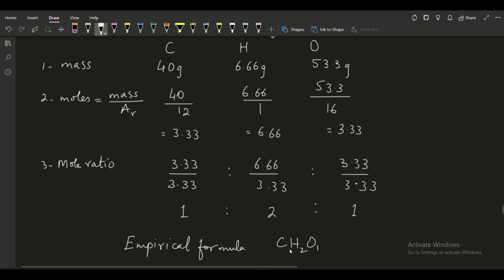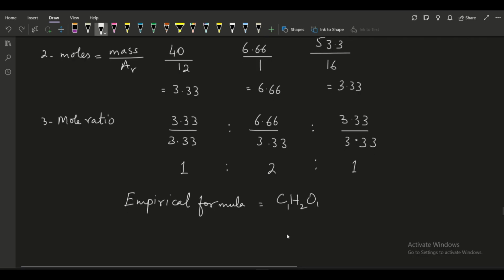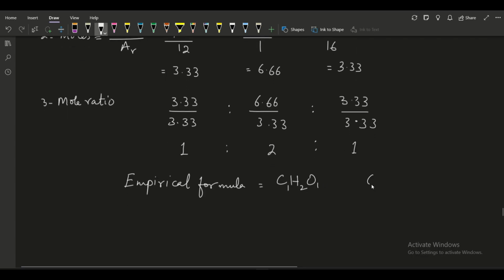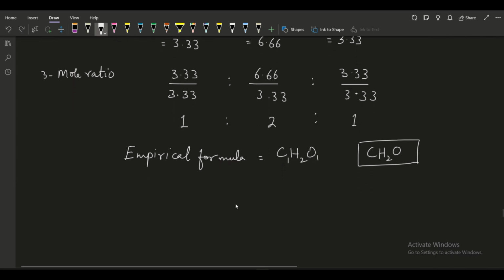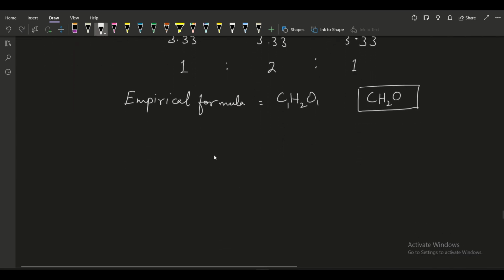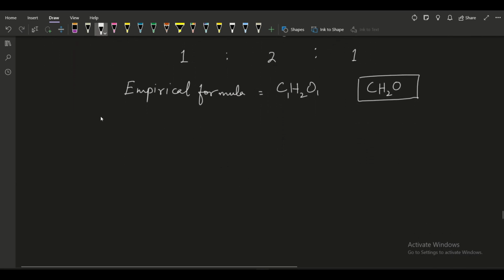So the empirical formula is CH2O. Now, as we are also asked to calculate the molecular formula, we have to move on to the molecular formula.